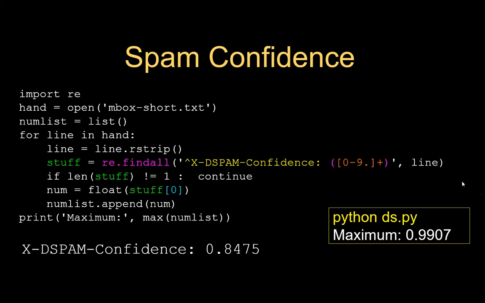So what is inside the square bracket can be 0 to 9, or a dot itself, and we can have one or more of that.